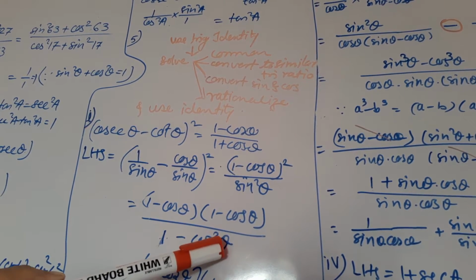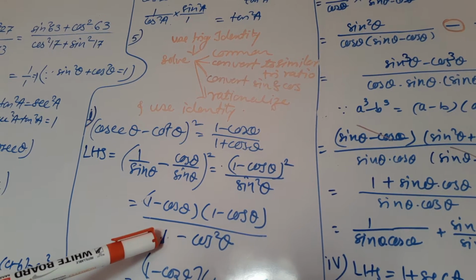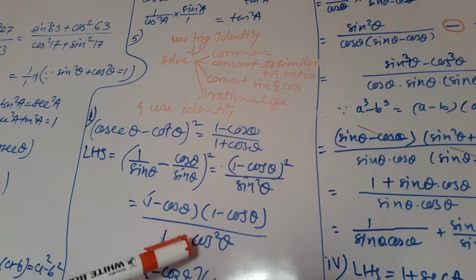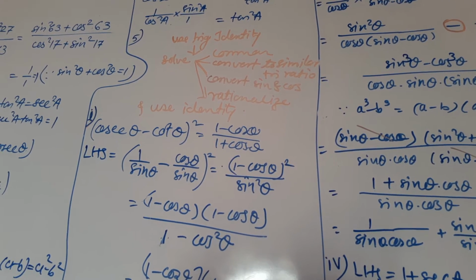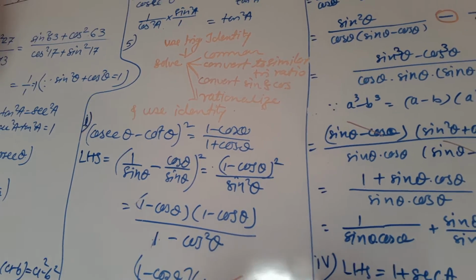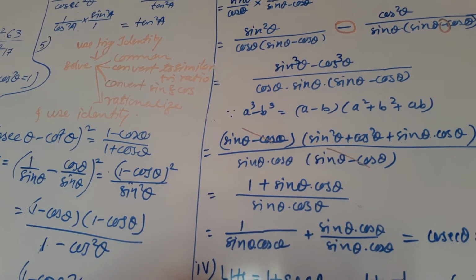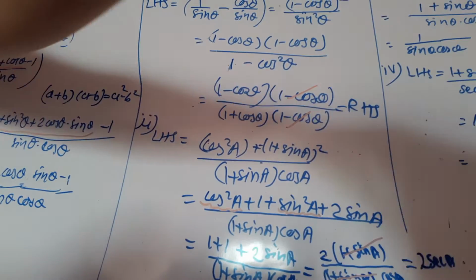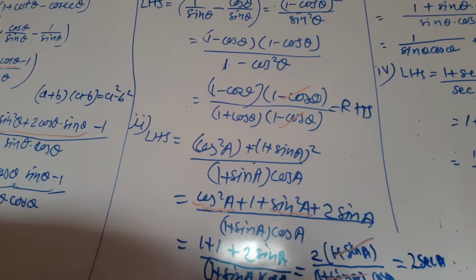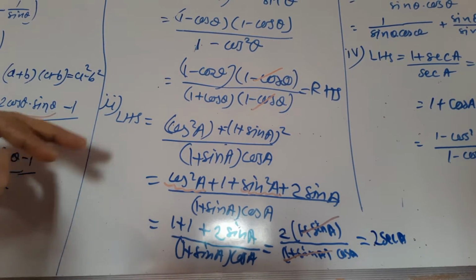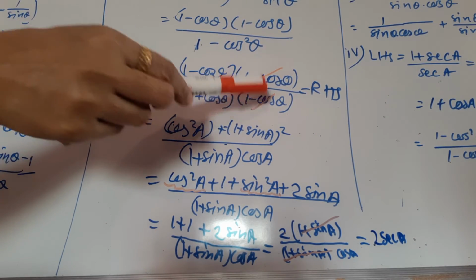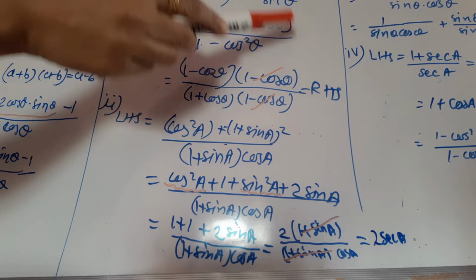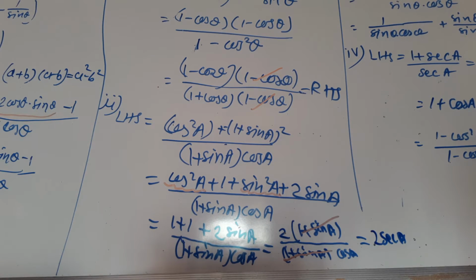Now 1 minus cos square theta, further we can write in one bracket 1 plus cos theta and in another bracket 1 minus cos theta, using the identity a square minus b square is equal to a plus b into a minus b. So we can further solve it like this, and we will get the common term, which is going to get cancelled, and we get the required right hand side.